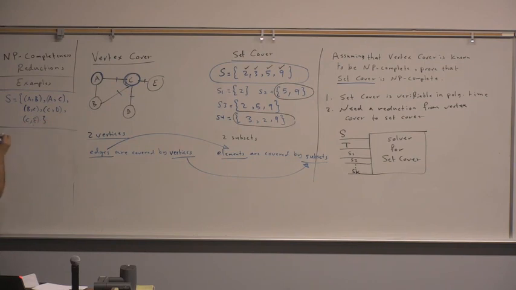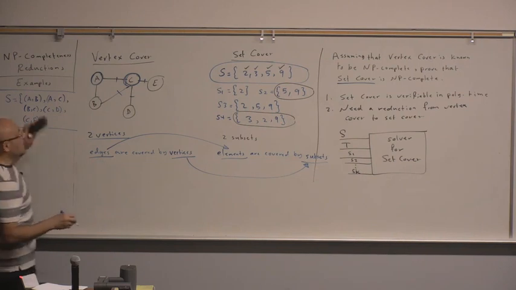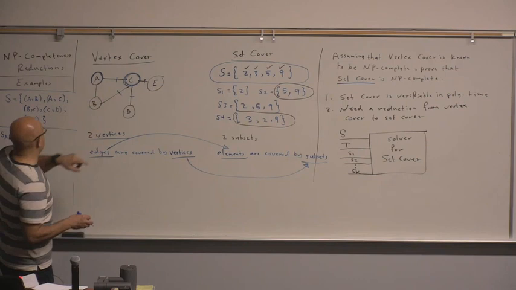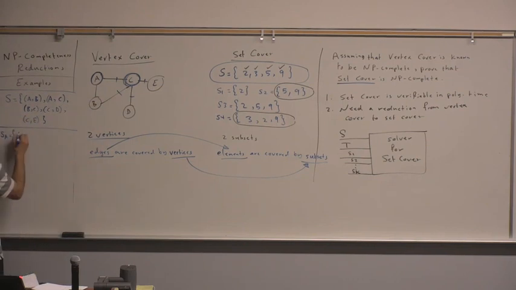Now, what's the subset that corresponds to vertex A? The edges that it covers. Vertex A covers edges AB and AC.